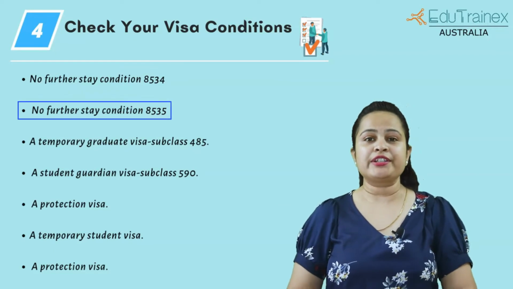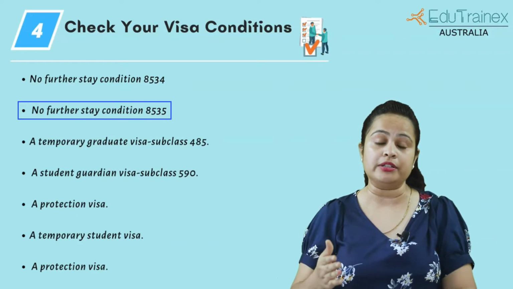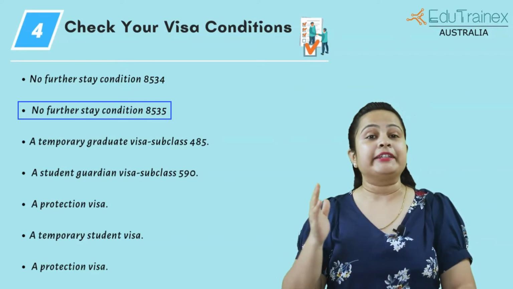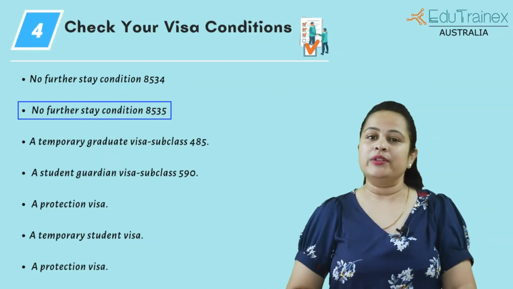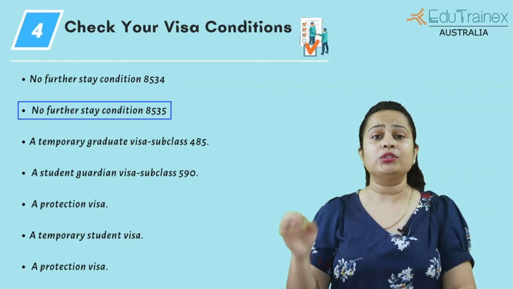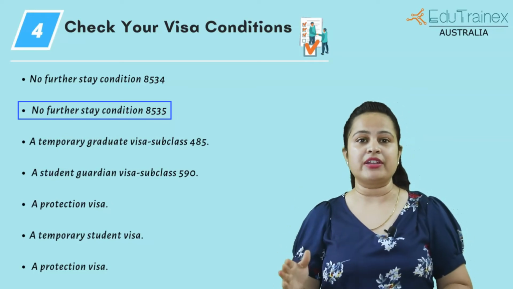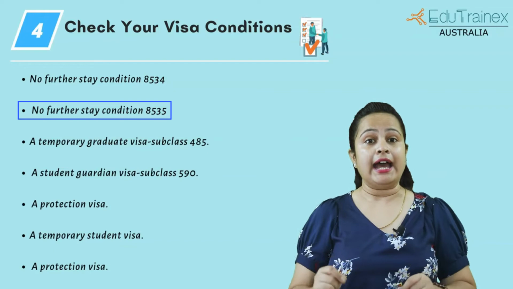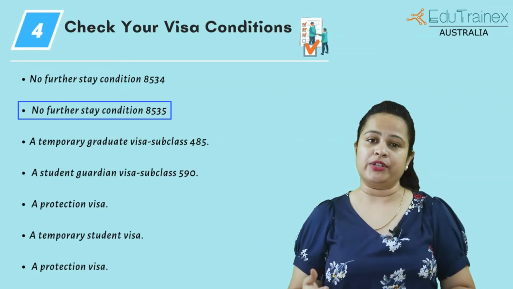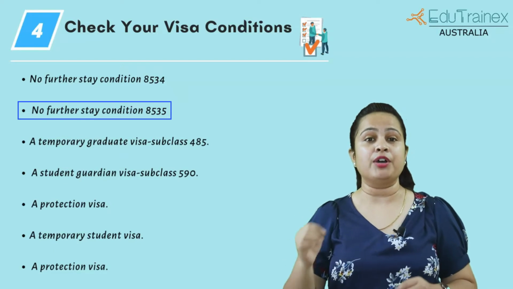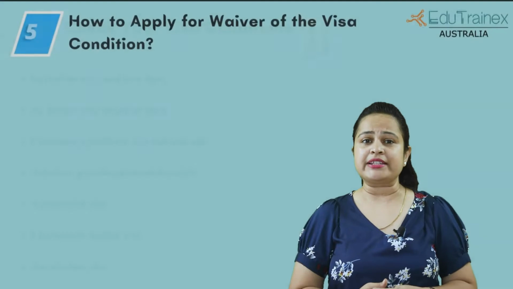The next no further stay condition, 8535, is mandatory for student visa holders who are supported by the Department of Foreign Affairs and Trade or Department of Defense. With this condition, you can apply only for a temporary student visa if you are sponsored by the Commonwealth or a foreign government, and a protection visa. If you want to apply for any other visa in Australia, you have to apply for a waiver of condition 8535.